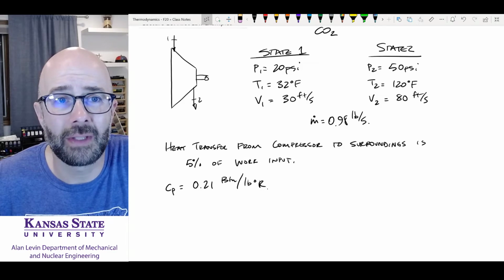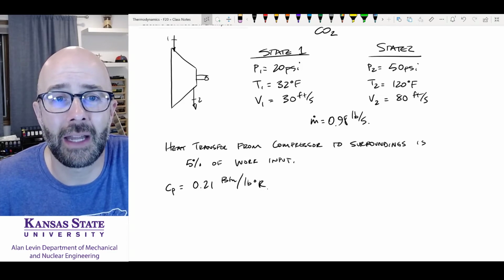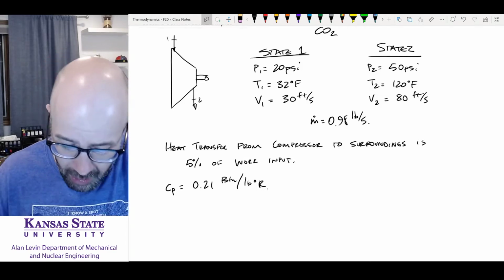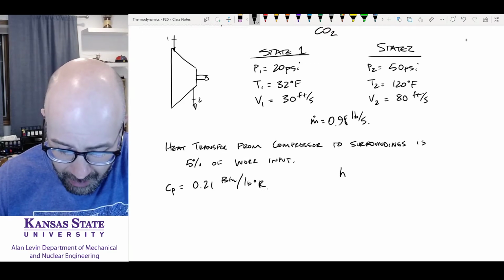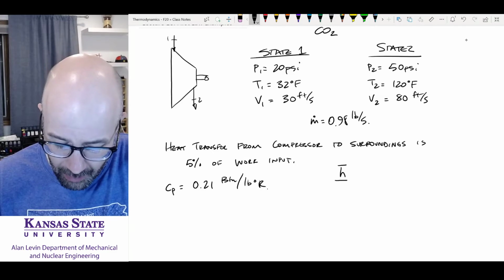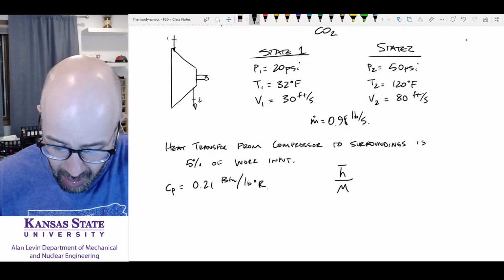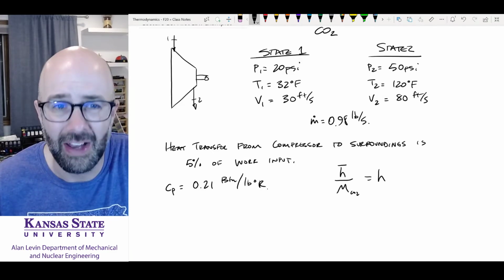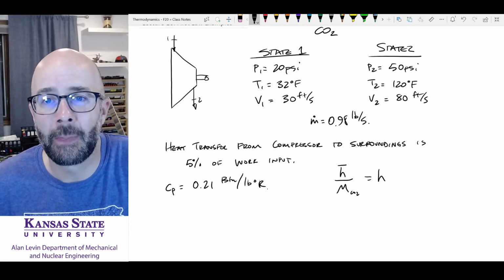Those gas tables are given to us in a molar state. So if we were to use our H values, we would give H bar for carbon dioxide, and we'd have to divide by the molecular weight of carbon dioxide to give us what the value of H is.